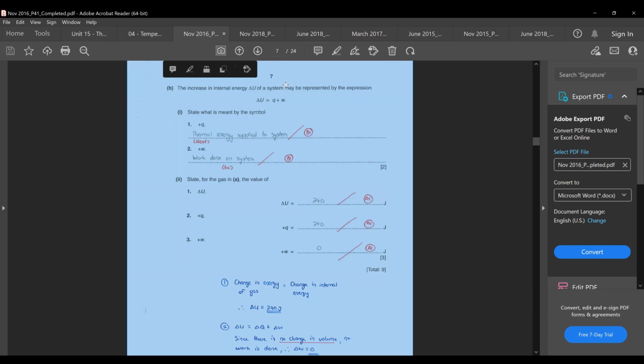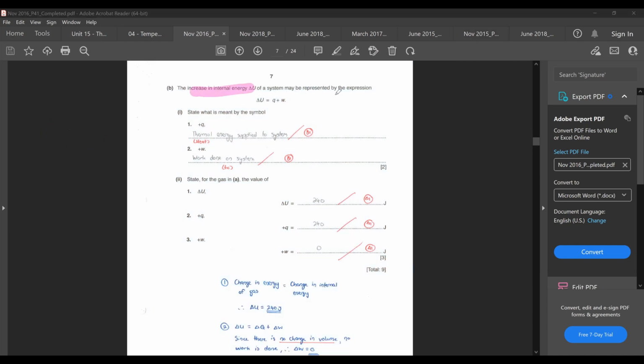Here, they mention that the increase in internal energy delta U of a system may be represented by the expression delta U equals Q plus W. State what is meant by the following symbols. If you have positive Q, as I mentioned, it's heat energy or thermal energy supplied to the system.